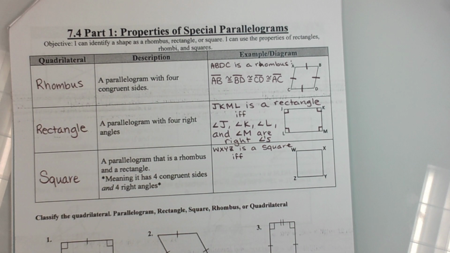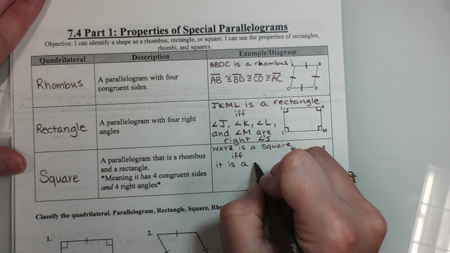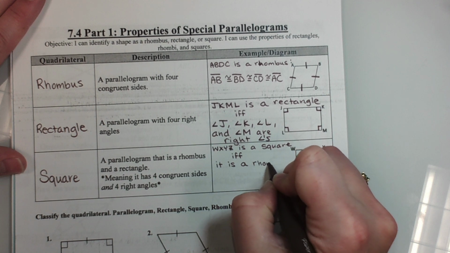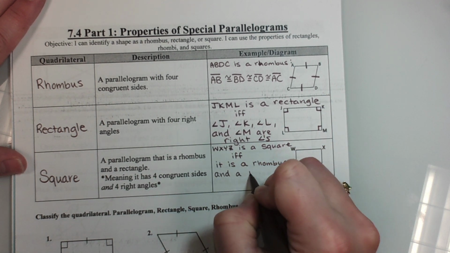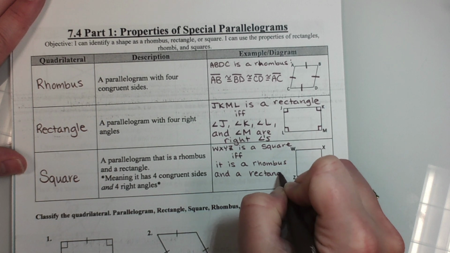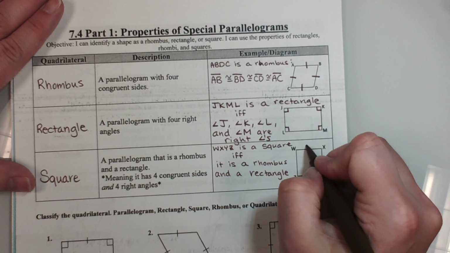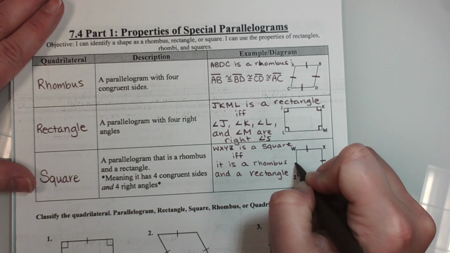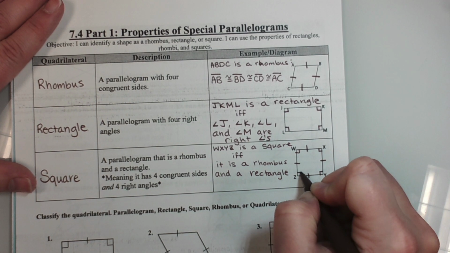Now, in all technicality, by the definition, we can say it is a square if and only if it is a rhombus and a rectangle. Visually speaking, though, that means that, and that are congruent, and all of these are at right angles. That's what makes it a square.